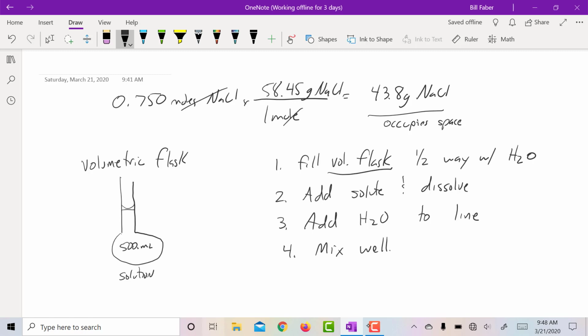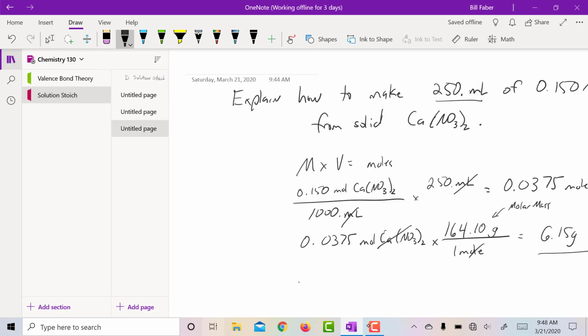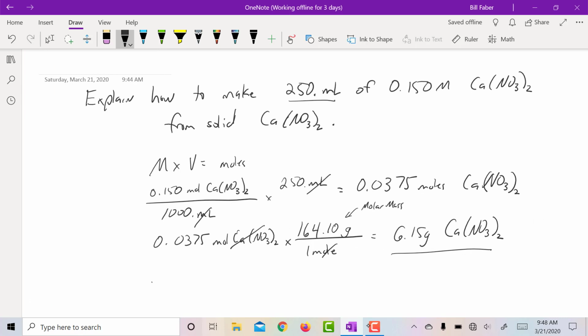You'd add the solute and dissolve it, and then you'd add up to the line. So I'd want you also to describe how to make it. And you'd use a 250 milliliter volumetric flask in this case. All right? So that is one way of making a solution if you have a solid.